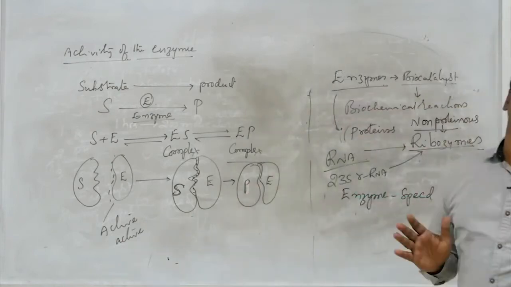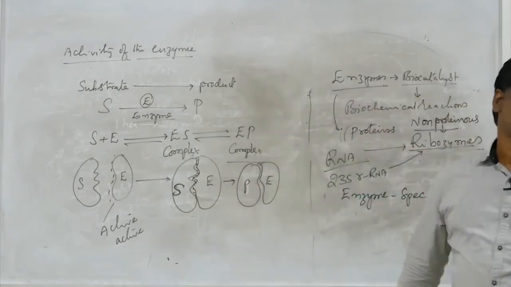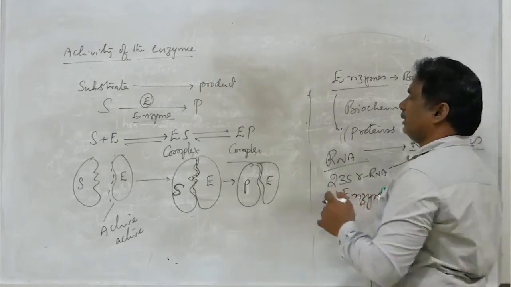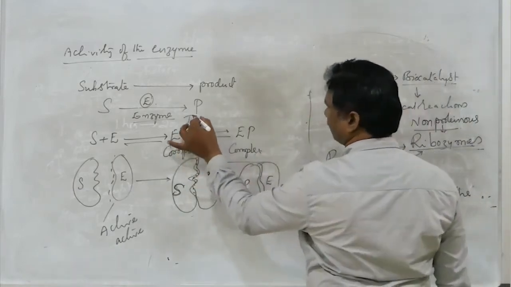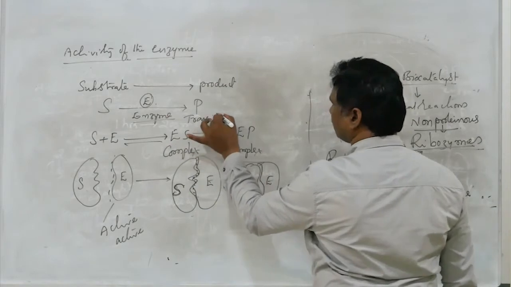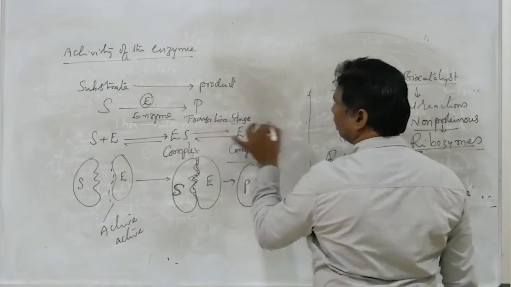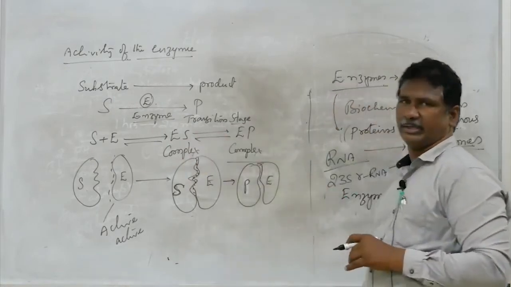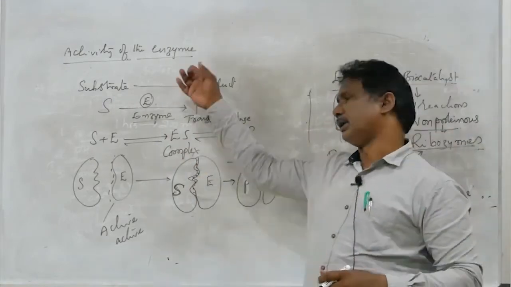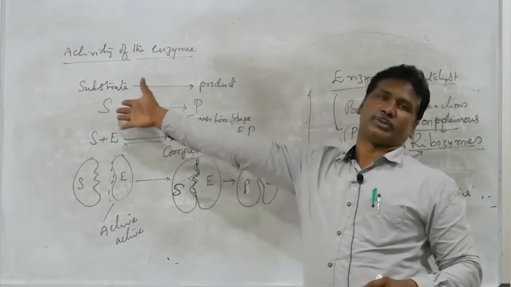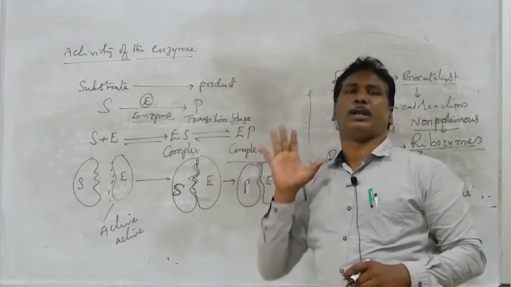There is no change in the enzyme; the substrate has changed into the product. Those intermediate stages are called the transition stage or transition state. Those intermediate complexes are formed during the enzymatic activity when the substrate is converting into product.